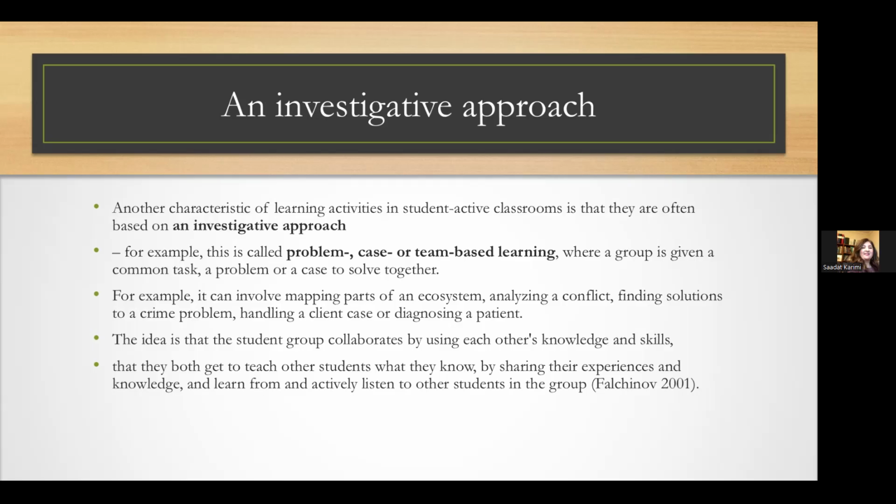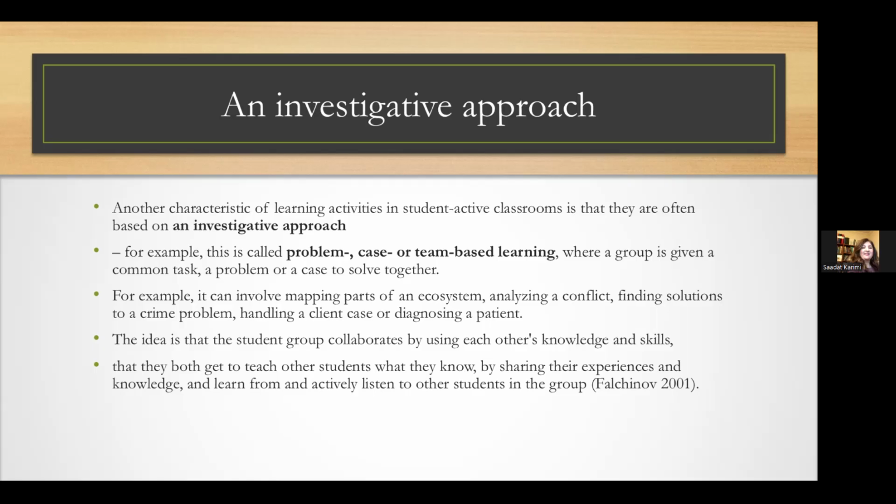For example, it can involve mapping parts of an ecosystem, or analyzing a conflict, or finding solutions to a crime problem, or handling a client case, or diagnosing a patient.